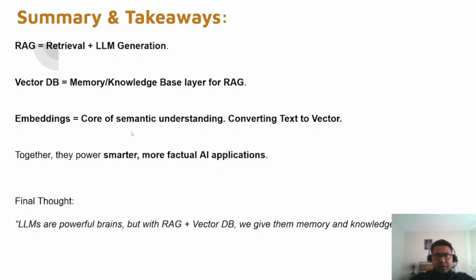Embeddings is the process through which we convert text to a vector, or rather convert anything like images as well as audio, video to a vector. That process is called embedding, and for that we need embedding models. Together they power smarter, more factual AI applications. Final thought: LLMs are powerful brains, but with RAG plus vector DB, we give them memory and knowledge access. So this is it for today.